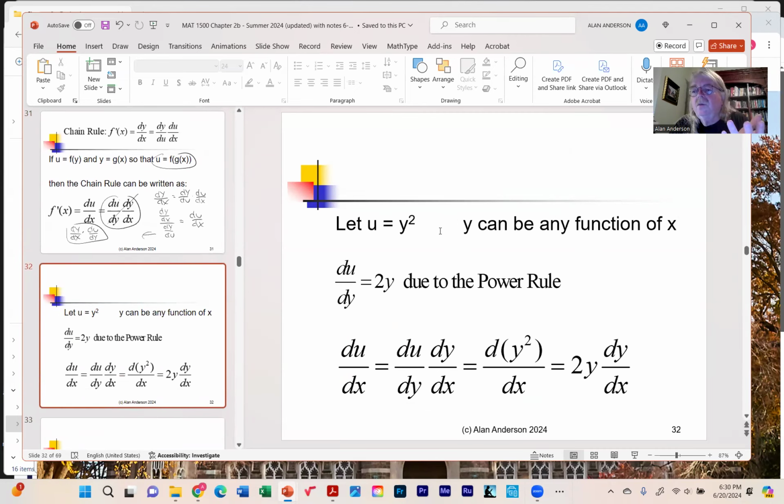Why not just let u be y squared? Now the power rule applies here, even though it's a y. That doesn't matter. The fact that the variable is y instead of x, the power rule still applies. You would just write it a little differently.